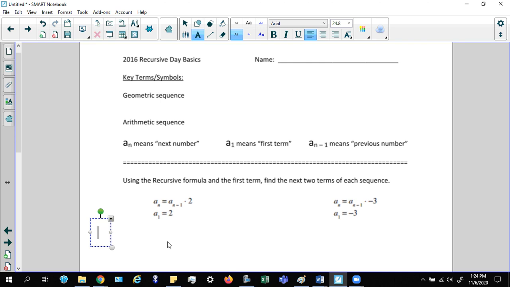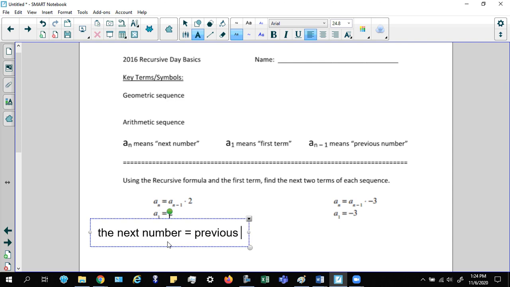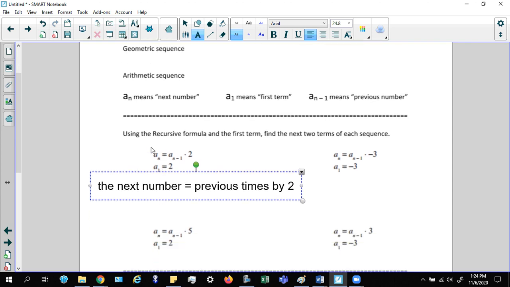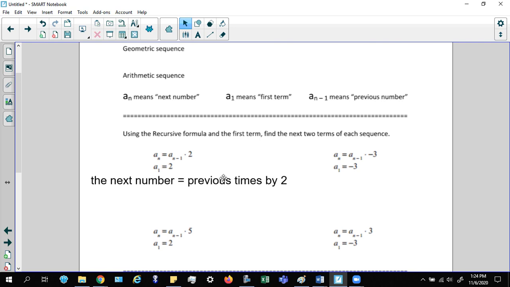To get the next number, you take the previous number, and in this case, you times it by 2. Okay, so we are going to create a quick 3 or 4 number sequence.